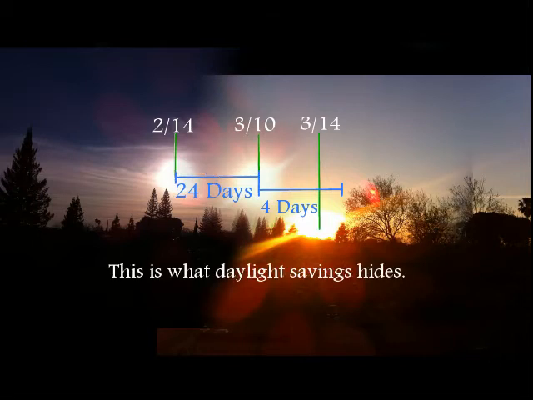It seems that daylight savings time is hiding this factor. Okay, so when we put these marks in, you can see each one of these spaces is a 4-day duration, and 4 times 6 is 24. So why does the sun move that much every 4 days before March 10th?